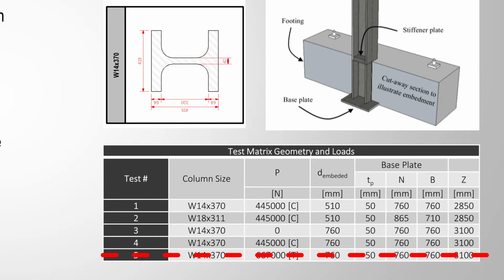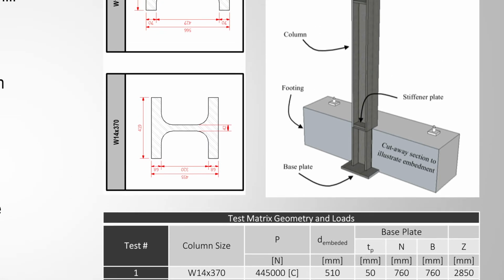If we compare test number 1 and number 2, we can isolate the variable of the column width, because the axial load and the embedded depth are constant. If we isolate test number 1 and number 4, we can see the effect of the embedded depth. And if we isolate test number 3 and number 4, we can see the influence of the axial load.